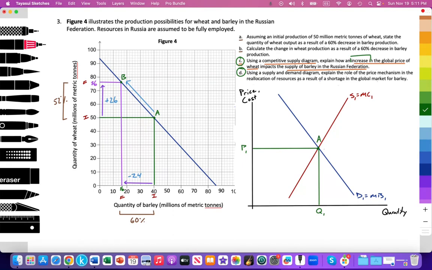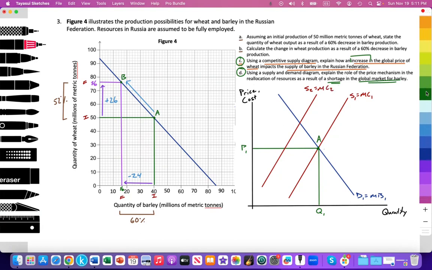Then there is a shortage in the global market for barley. So connecting from question C, the increase in the global price of wheat causes a reduction in the supply of barley. So I'm going to have the supply curve of barley decrease as a result of that non-price determinant of competitive supply, going from S1 to S2 equal to MC2.